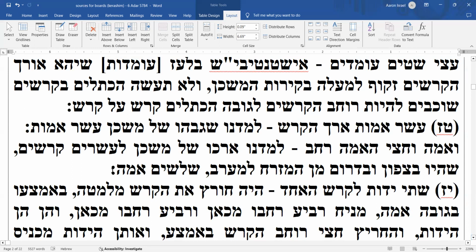And again, later on, he'll tell us that obviously, since there were 8 boards along the side, 8 boards comes out to 12 amot along the western wall, of which only 10 was internal, 2 covered the thickness of the outer planks, so they were external to the inside area. So the inside area was only 10 amot, even though the wall was 12, because it had to cover 1 amma of thickness on either side.